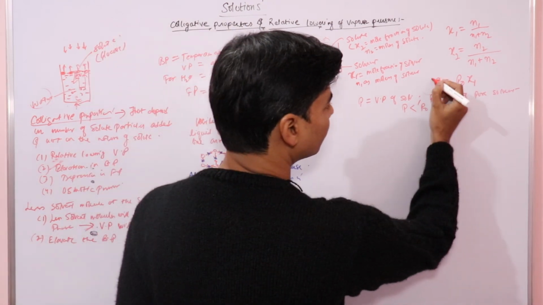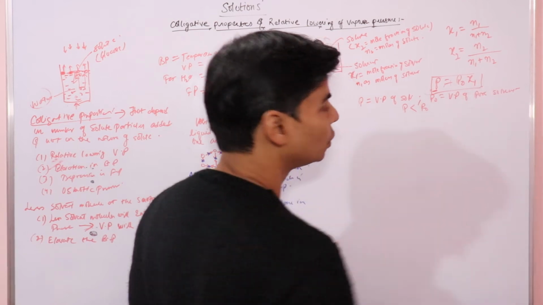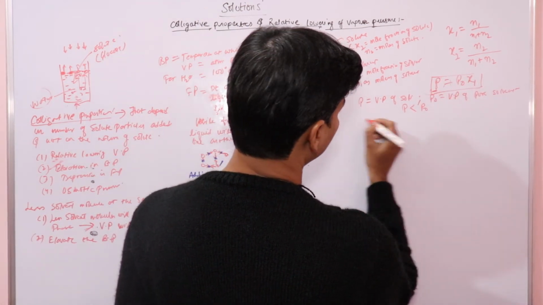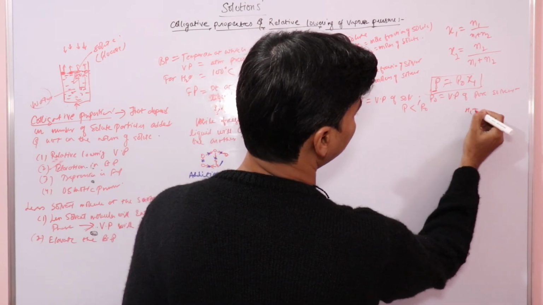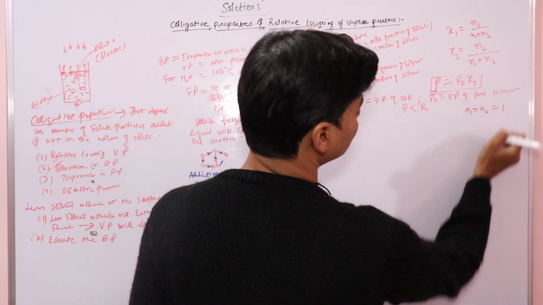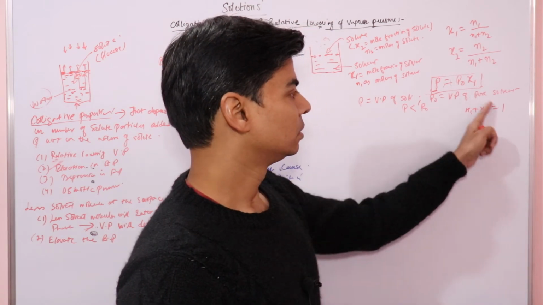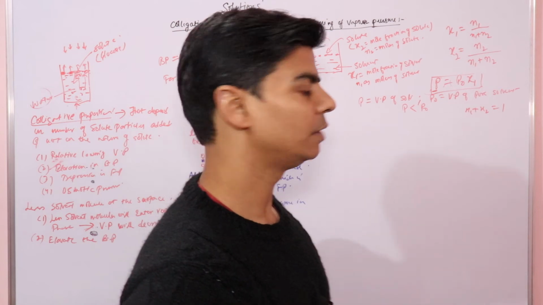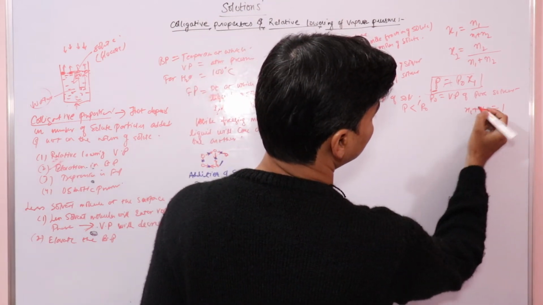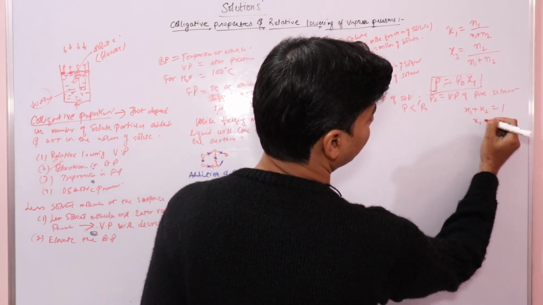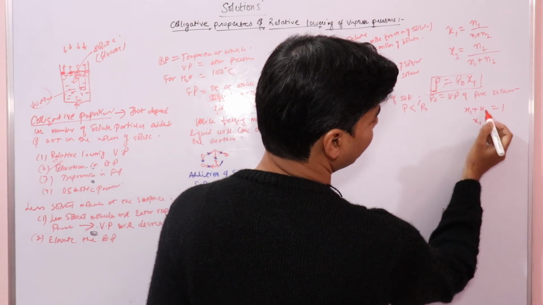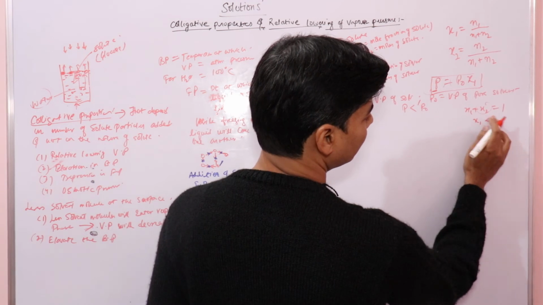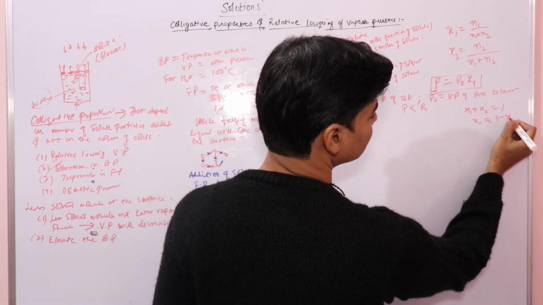If you look at this relation of Raoult's law, x1 plus x2 is equal to 1, right? The sum of mole fractions is always equal to unity. So x1 is equal to 1 minus x2.